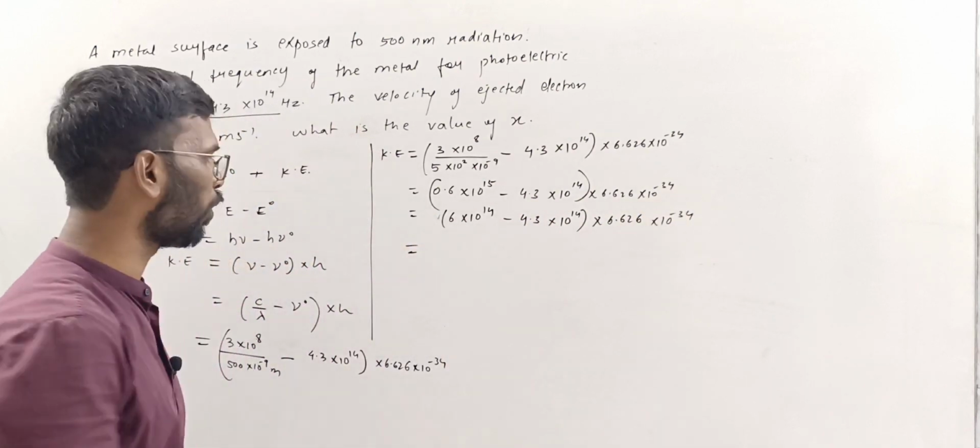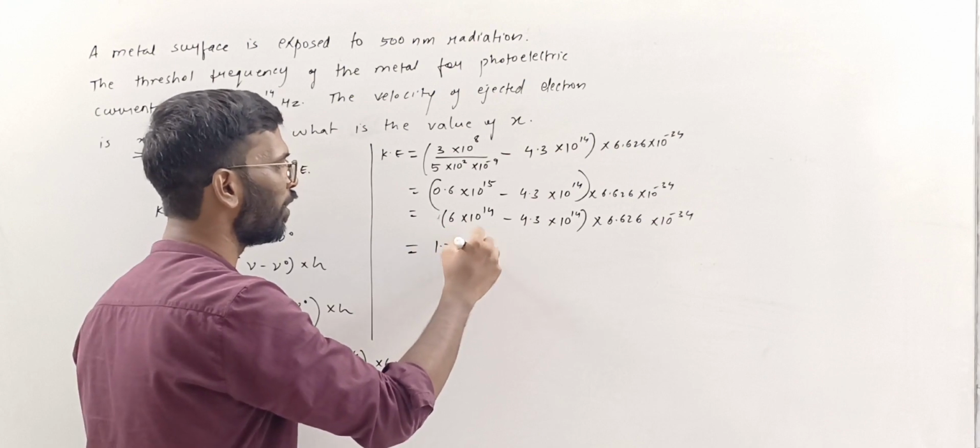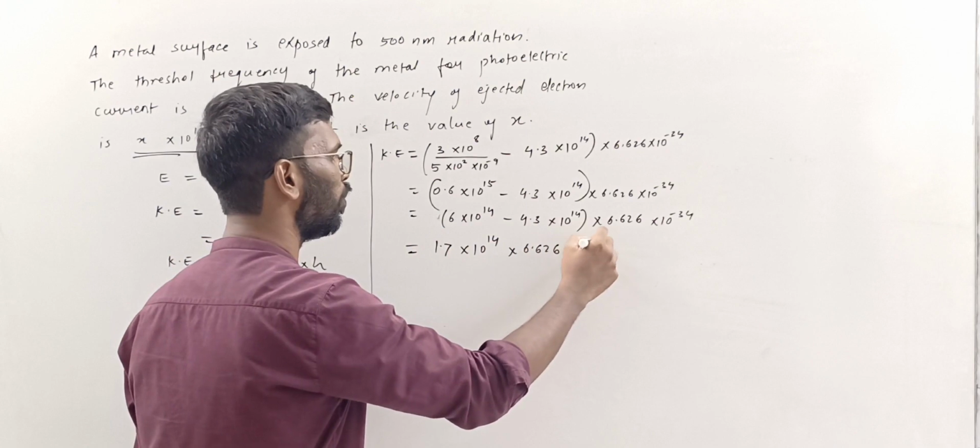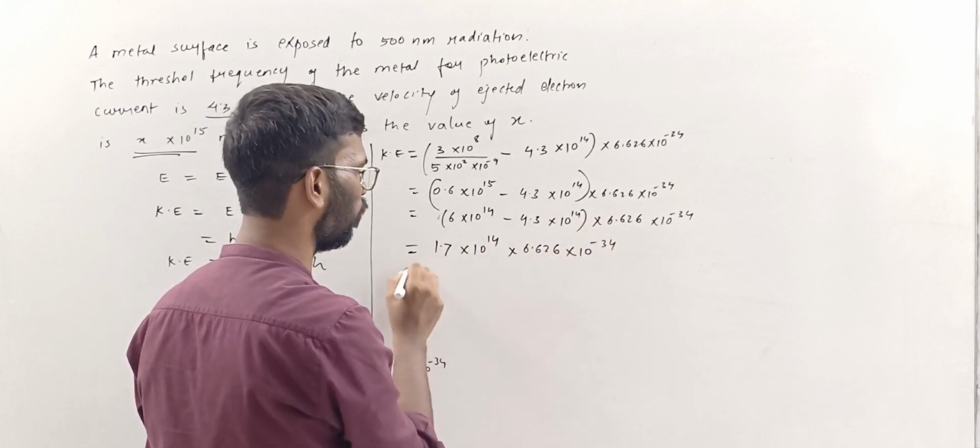So 6 minus 4.3 is 1.7 into 10 raised to 14, and 6.626 into 10 raised to minus 34.